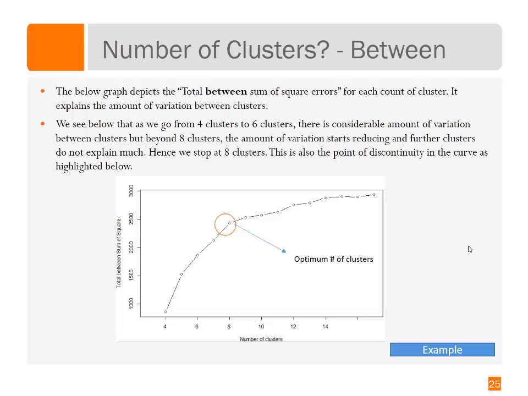And what you can see is as we go from 4 to 6 clusters, there's a considerable amount of variation between clusters, but beyond the 8 clusters, the amount of variation starts reducing. So we see that planing out of our line there, where we move from 8 to 9 to 10 to 11 to 12. We're not getting a lot of incremental value as we add clusters.